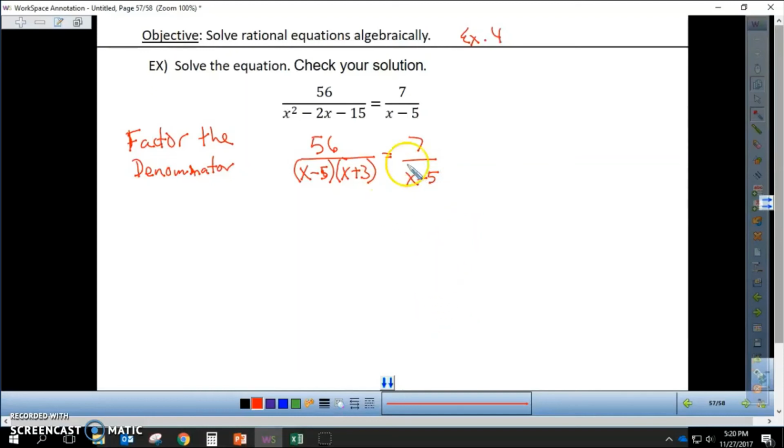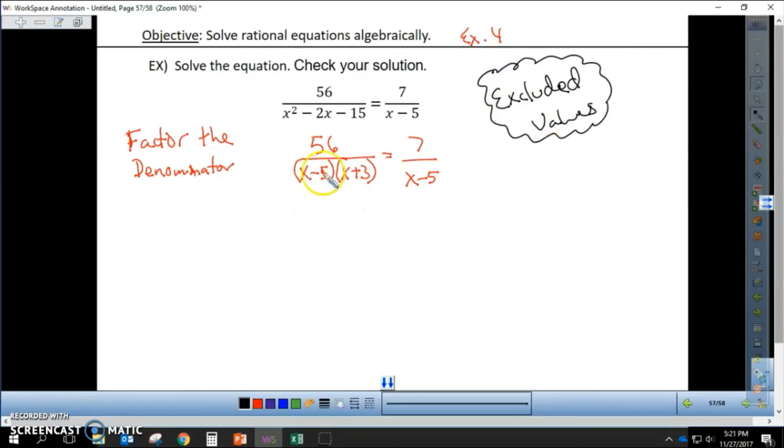Okay, so I have factored my denominator, and then just looking, I'm going to start to think, okay, what are our excluded values? What values can we not have as solutions? And that is 5, and here negative 3. So we cannot include those two values as solutions.